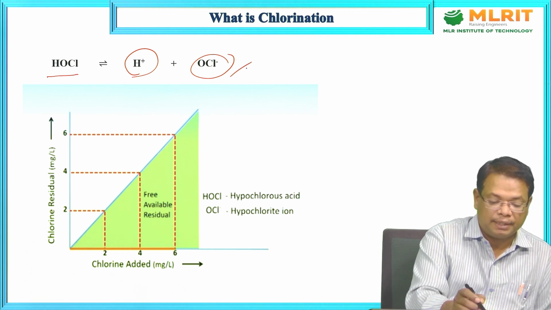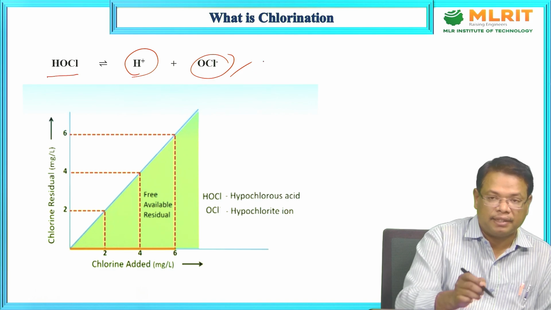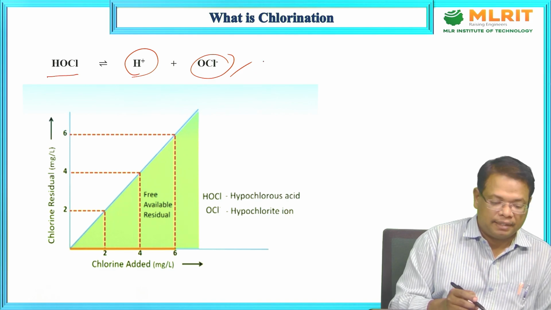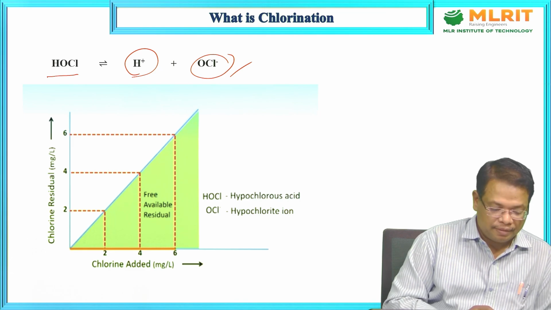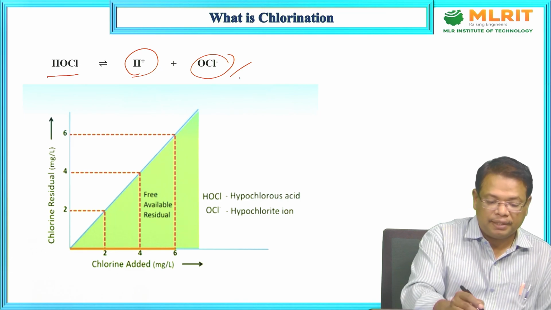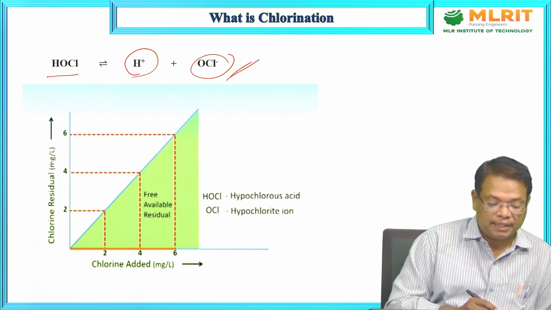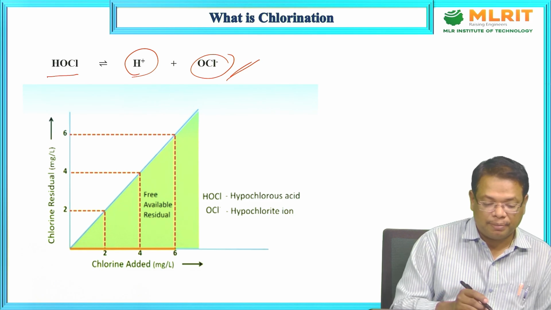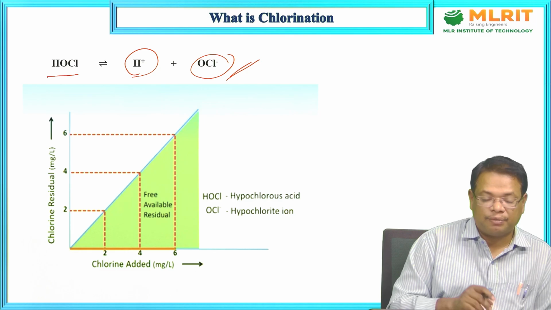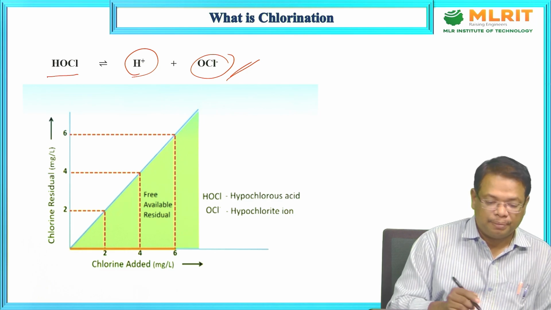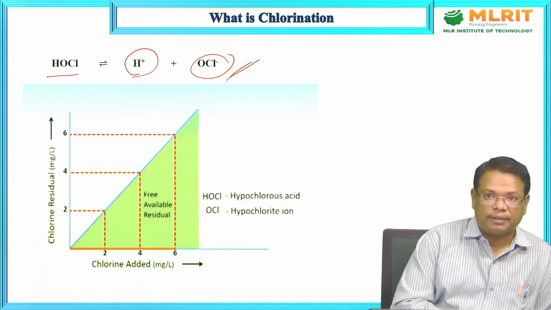HOCl forms H+ and OCl- ions, which cause the disinfecting activity in the water. How are these forming, how are they killing the bacteria, and at what concentration of chlorine added to the water?